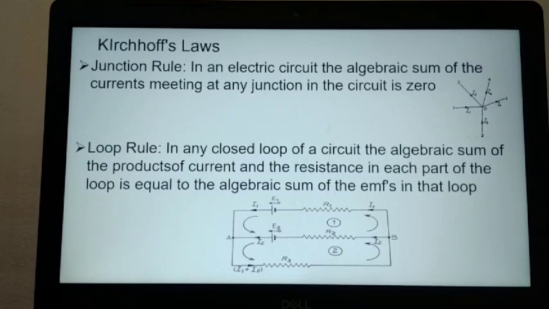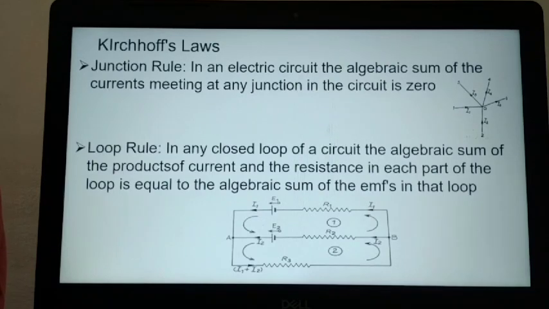You started from B to the upper right corner, and no EMF is present there. From the right top corner to the left top corner, when you are moving, you find the first cell, E1, and you are meeting the negative terminal of E1 first. As you move from the right top to the left top corner, you meet the negative terminal of E1 first, so that EMF you can take as negative.